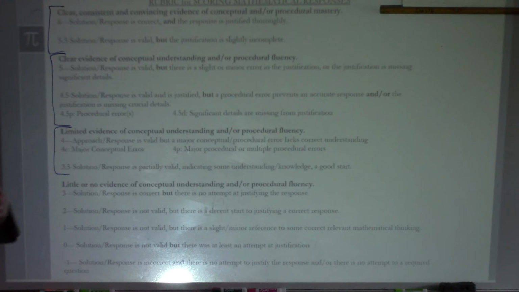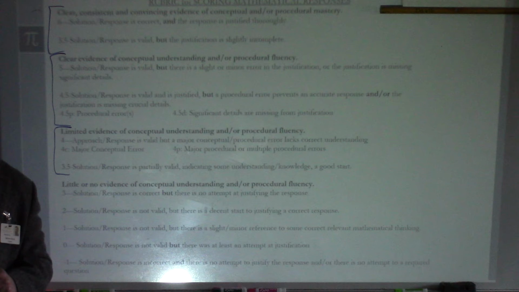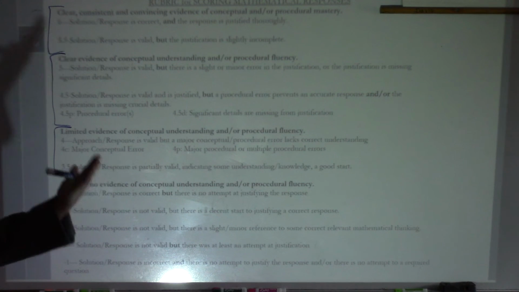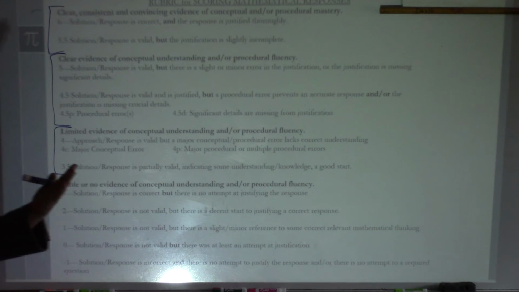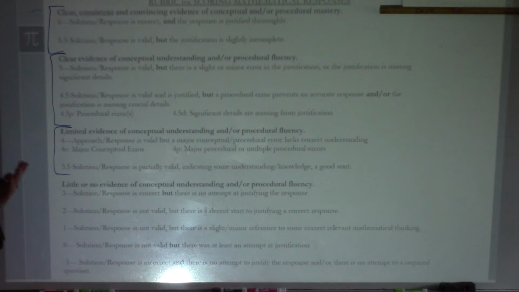You may understand the concept of how to solve an equation, you may understand that you need to use your properties of equality and your inverses, but you're making a procedural error, using the wrong process every time. Well, you need to know whether you have the concept completely wrong or the process completely wrong, and so I'm going to give you feedback on that. Okay?